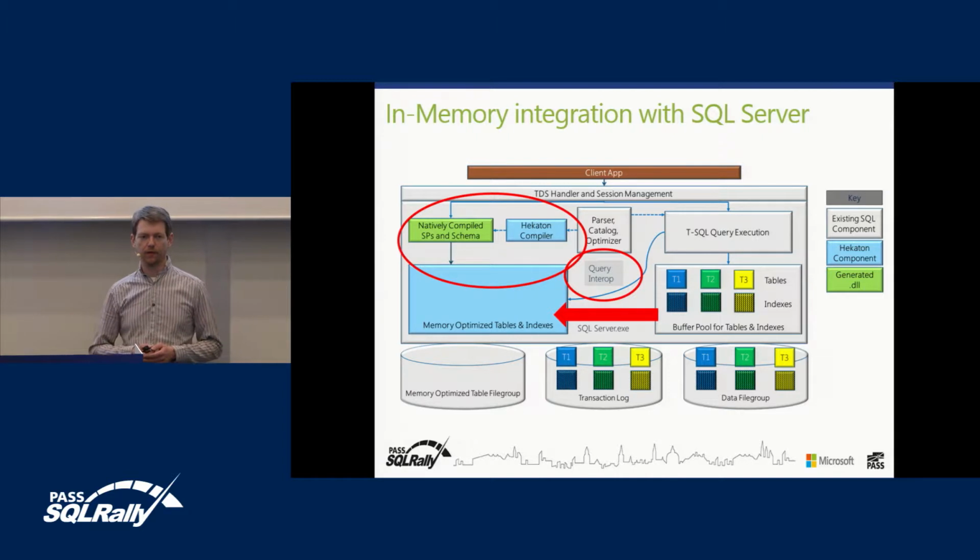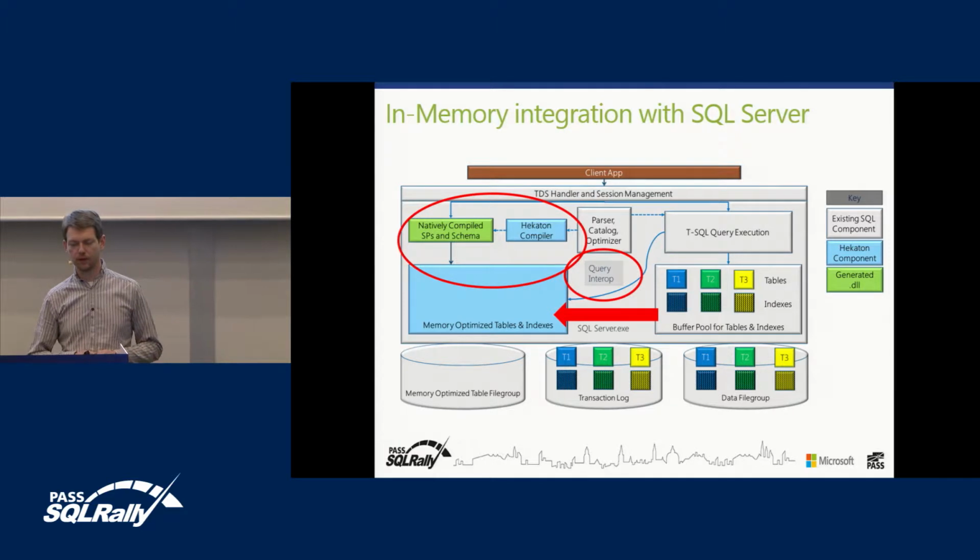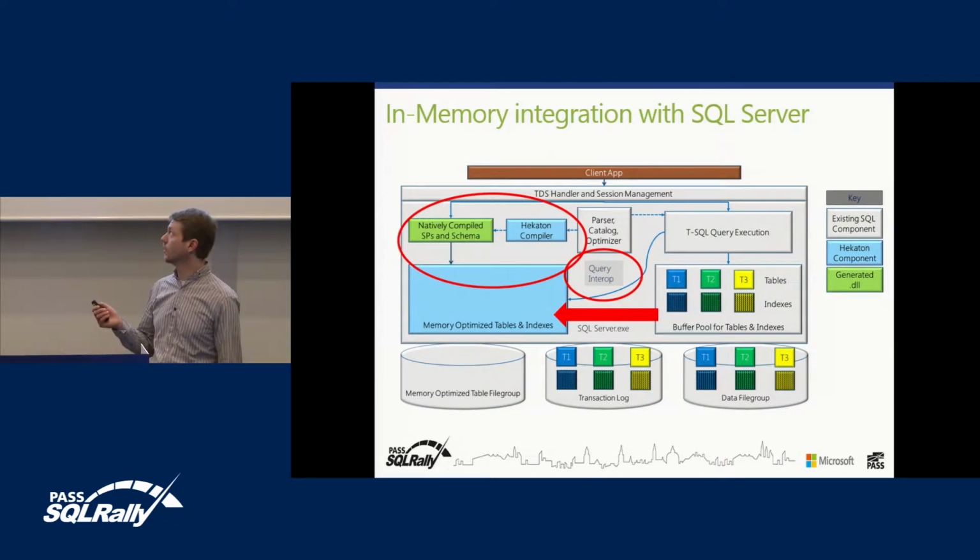That means that we have a few extra components built into SQL Server 2014 that have not been there before. That's the ones marked in green and blue on the slide behind me. Start with the blue ones, that's the memory optimized tables and the indexes. They're located down here. And if you pay attention, we have a blue arrow here, the query interop.